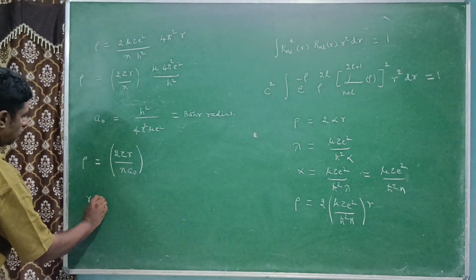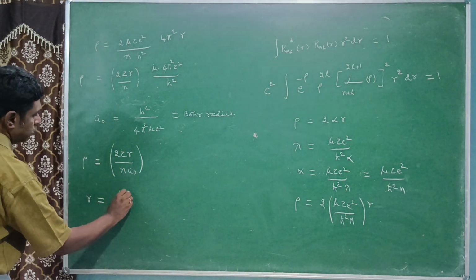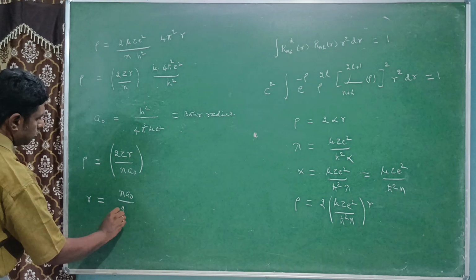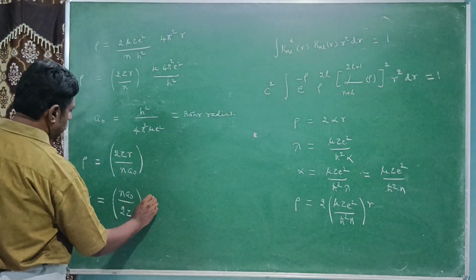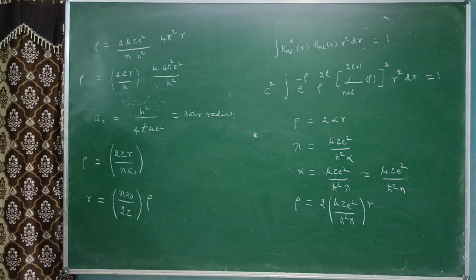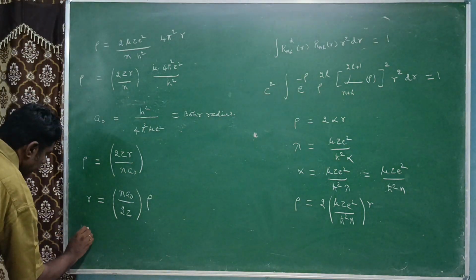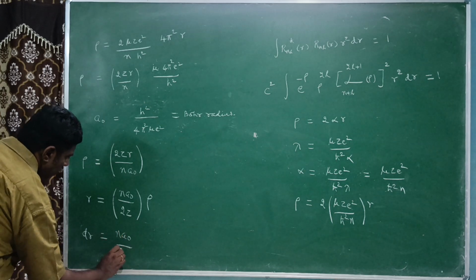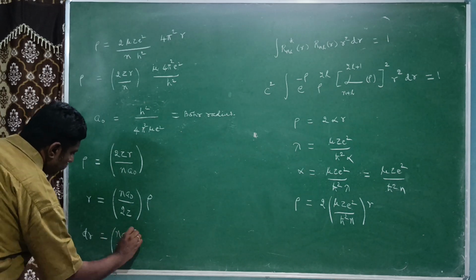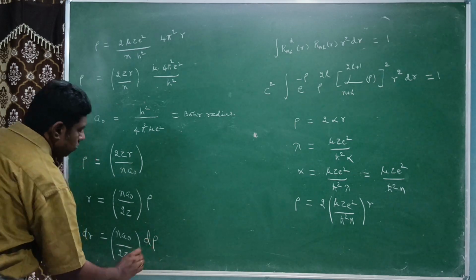From this, r equals n a0 divided by 2Z into rho. Then dr is equal to n a0 divided by 2Z into d-rho.